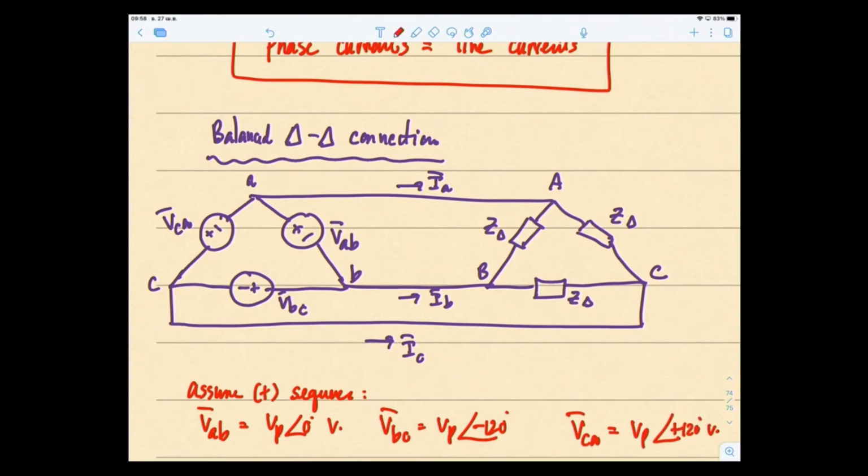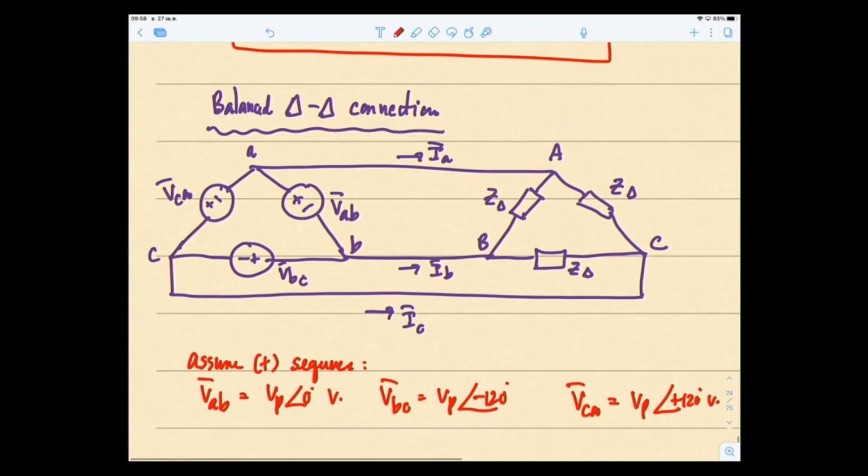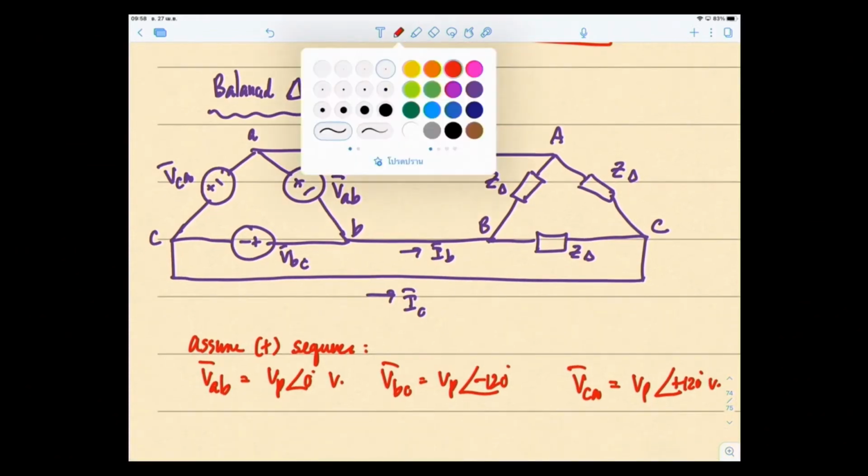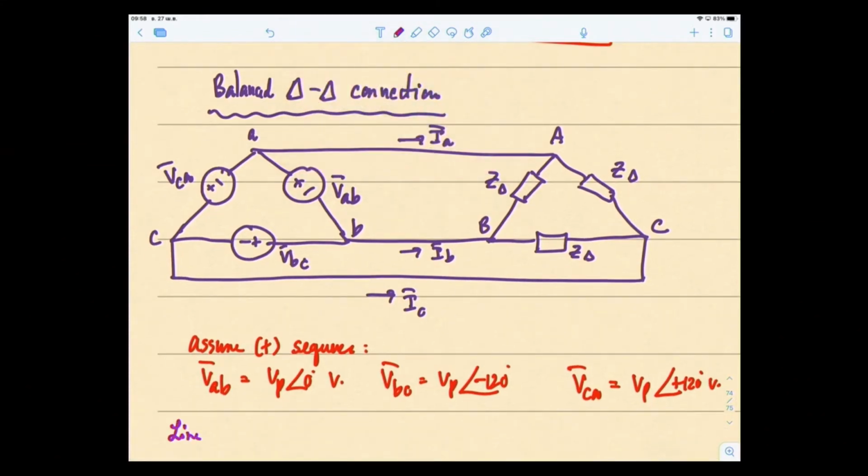So if we ask you what is a line voltage, again, if you look, this is between the lines. VAB, let's say, the line, and if you look here, it's the same.